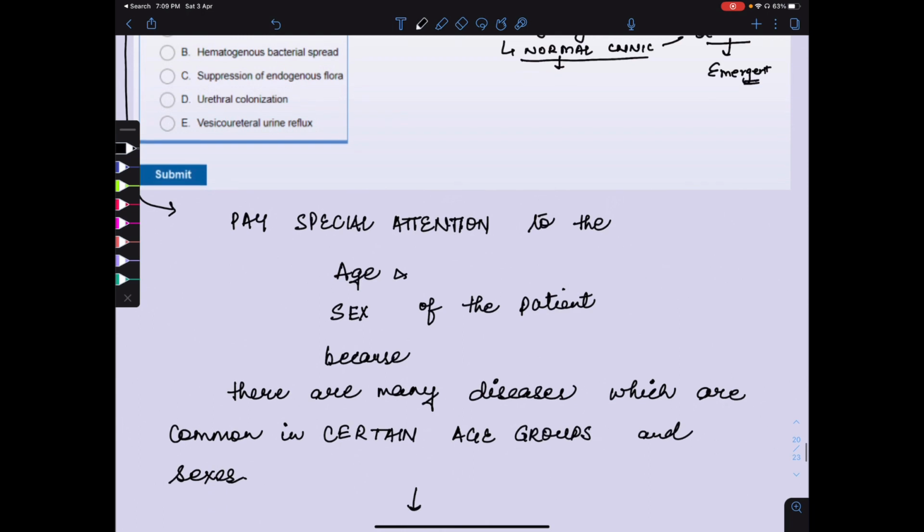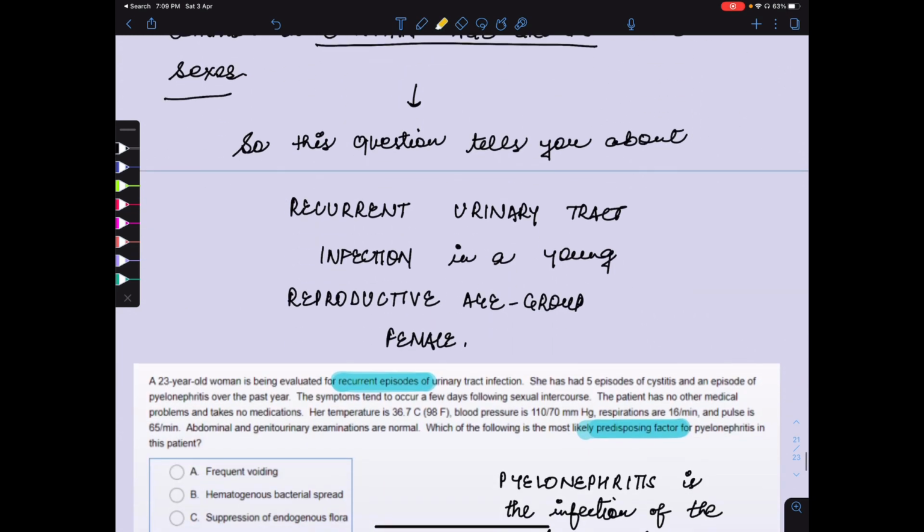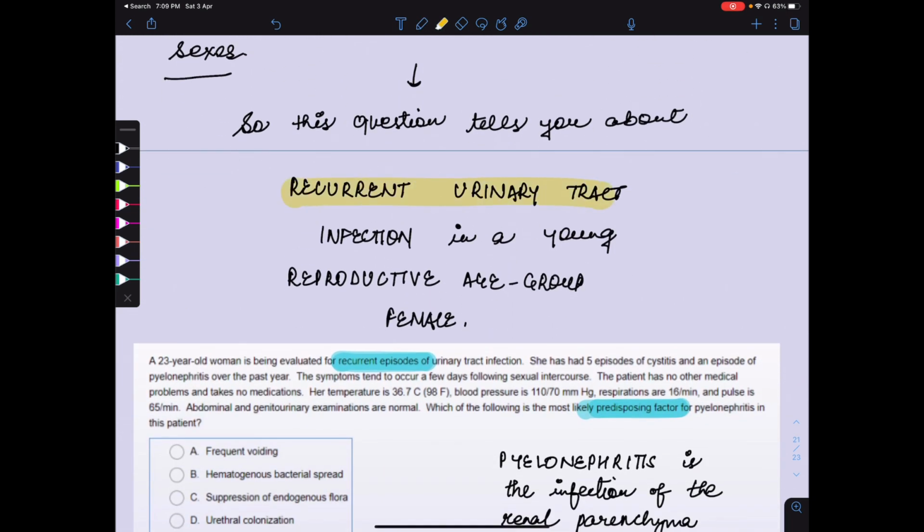All right, so here I have explained how to rule out the options and how to go ahead with the question. So remember, there are certain age groups and sexes in which many diseases are very common, right? So this question is telling you about recurrent UTI in a young reproductive age group female.